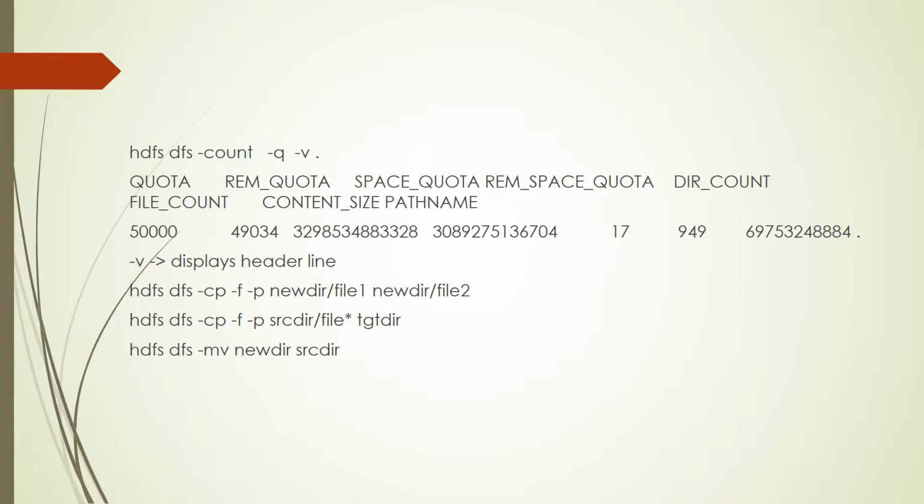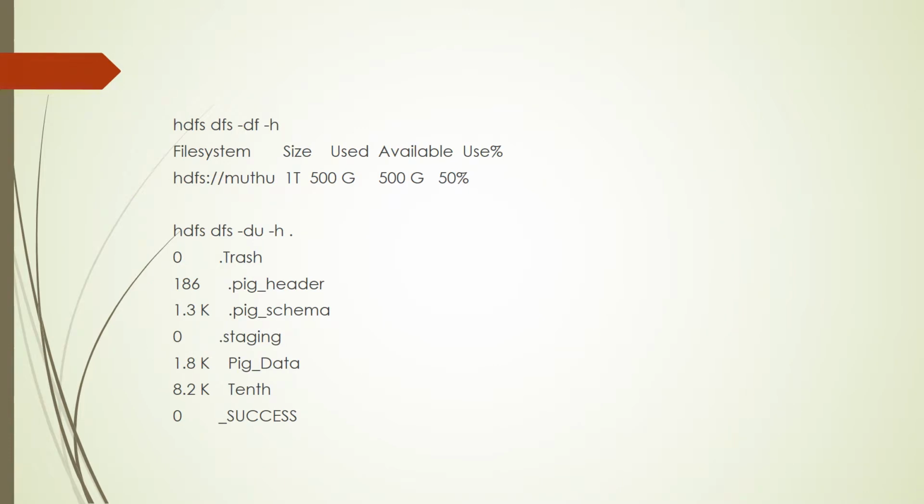-mv, move command, it will rename the Hadoop folder into another folder name. hdfs dfs -df, it will display the overall file system size and available size. -h, it will display in human readable format.